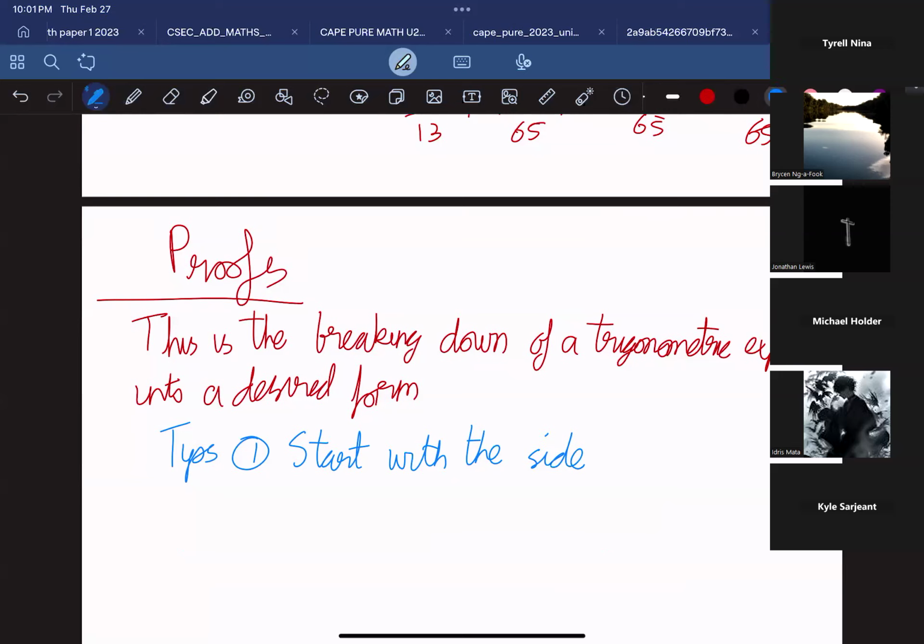So some tips: start with the side with more terms.